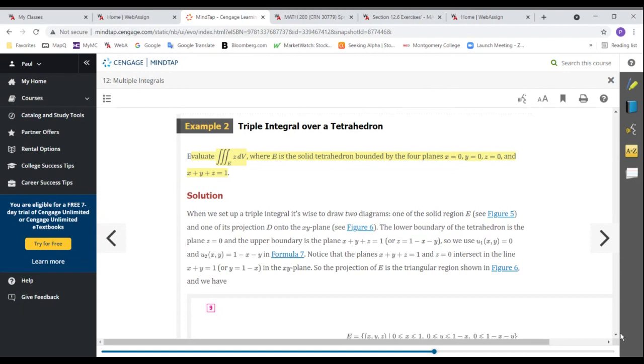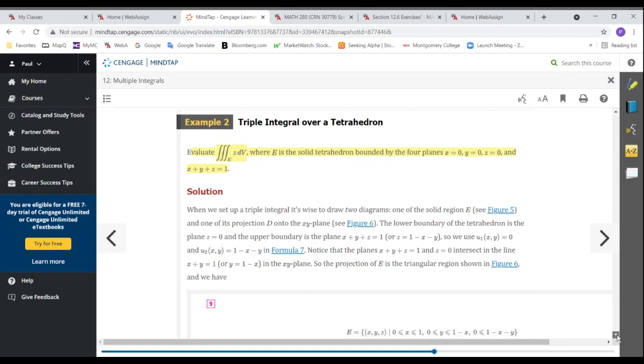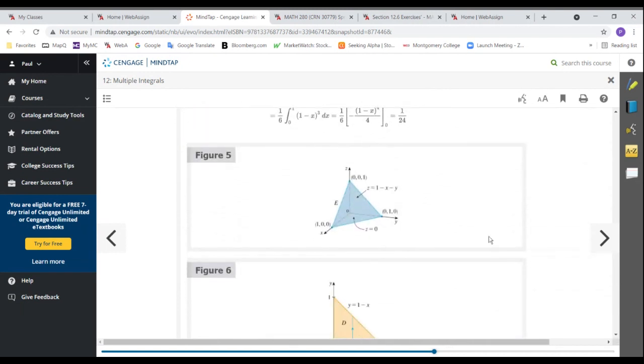So it's always best to draw a picture if you can. And they do have a picture here. Okay, they have the plane z equals 0. That's the xy plane. So that's your bottom surface. And then the plane z equals 1 minus x minus y. That's the surface above for your solid.